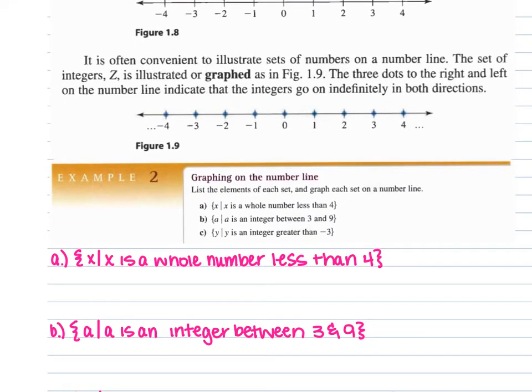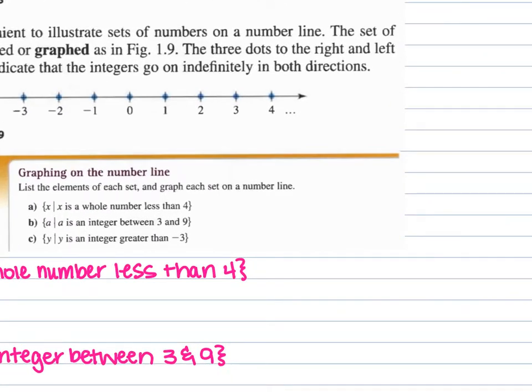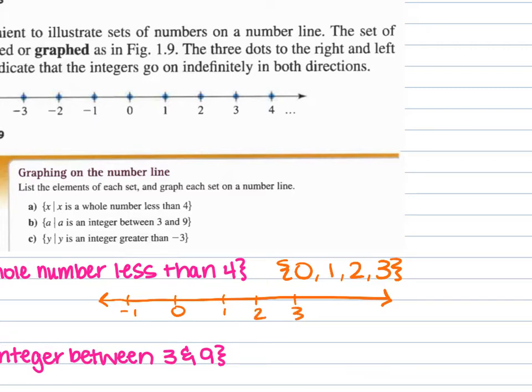So a whole number less than 4 is anything from 0 to 1, 2, and 3. These are less than 4. So on our number line, we can include -1, 0, 1, 2, 3, and 4. We would just have a point on 0, 1, 2, and 3.